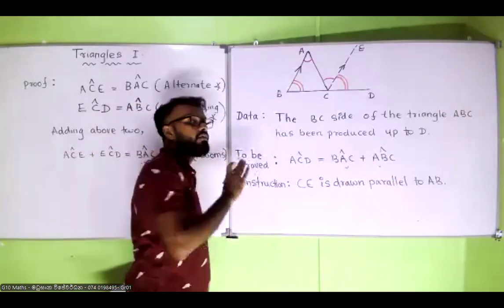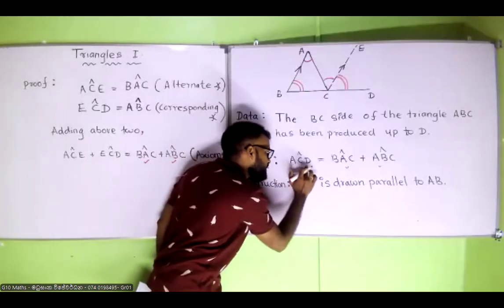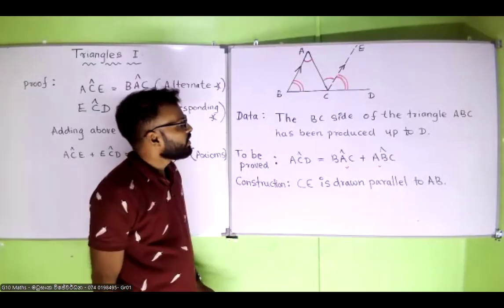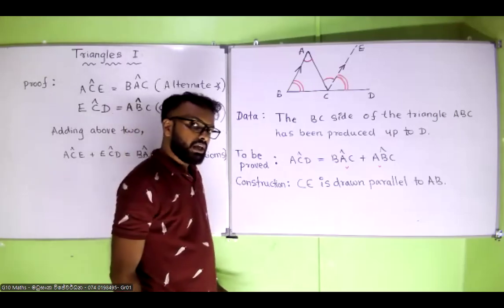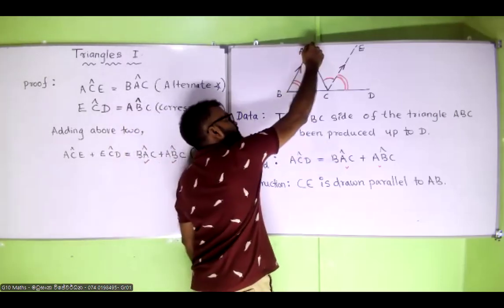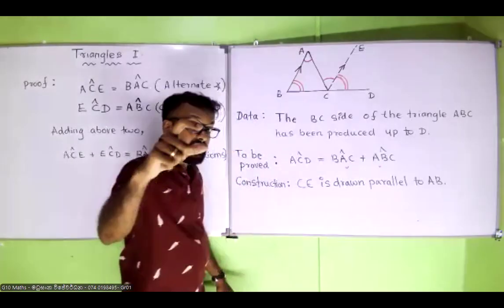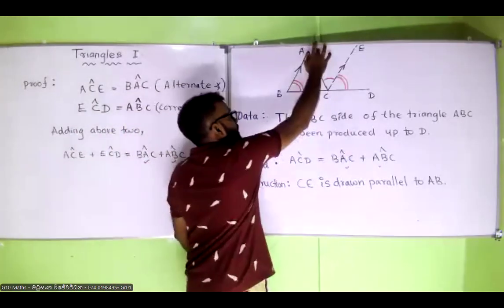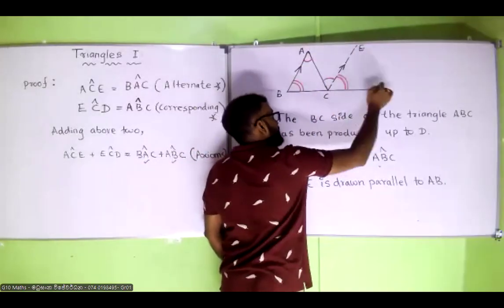But on our left hand side we have ACD. How are we going to make ACD? Angle ACD is built from the summation of the two adjacent angles ACE and ECD.